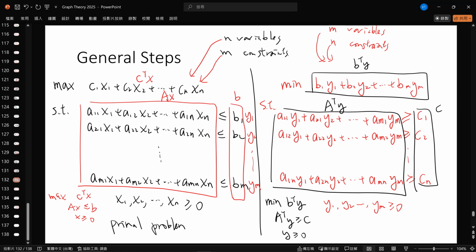Because x satisfies all the constraints in the primal problem, we know that a11 x1 plus a12 x2 up to a1n xn will be less than or equal to b1.